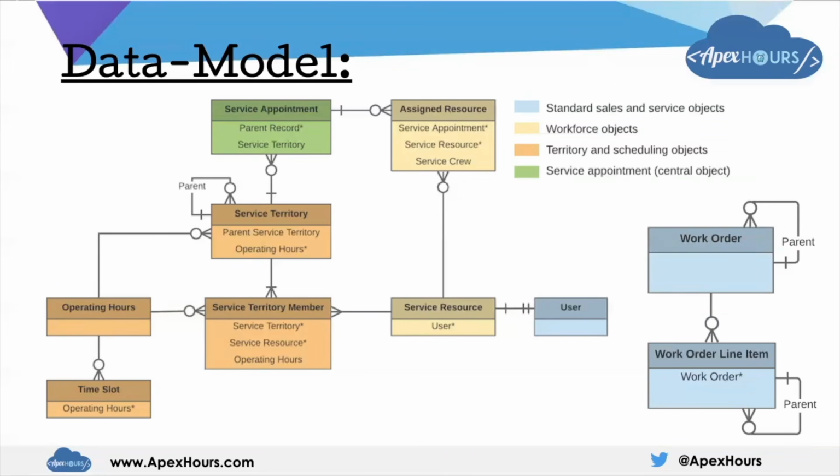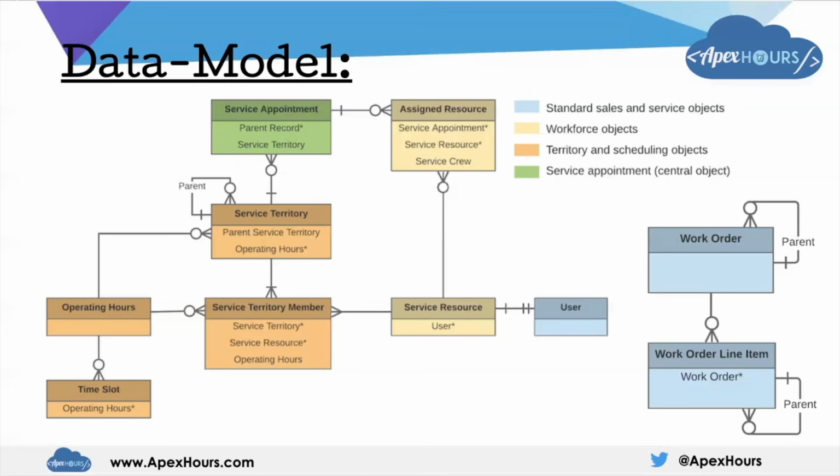Work orders and service appointments are supported by a variety of objects that control when and where the work occurs, the nature of the work, and who performs it. Now, the question that arises here is, who performs the work? Of course, service resources will perform the work. Members of our mobile workforce are represented in Salesforce as service resources.